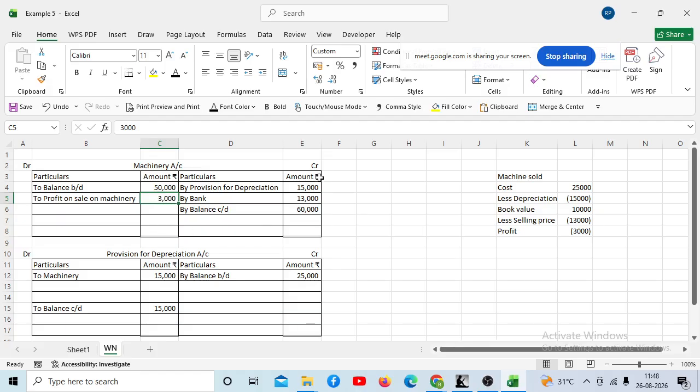Now we will close the account, right? So here the credit side total is heavier. So write the heavier total on both sides. Done.